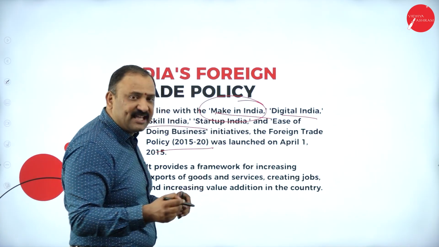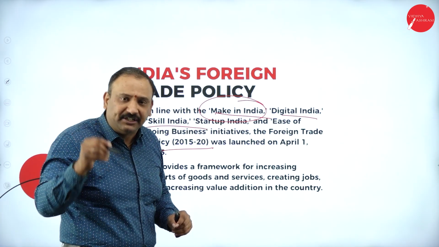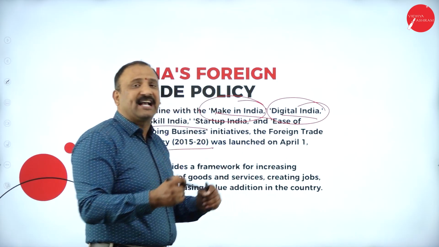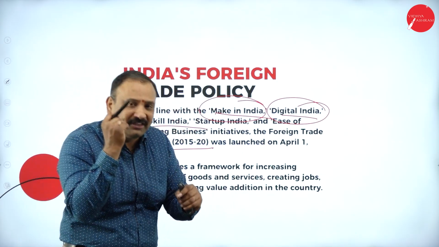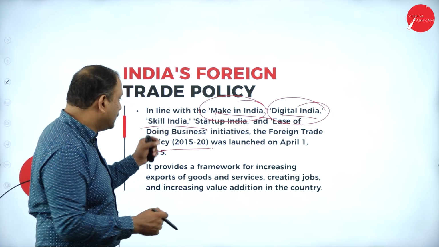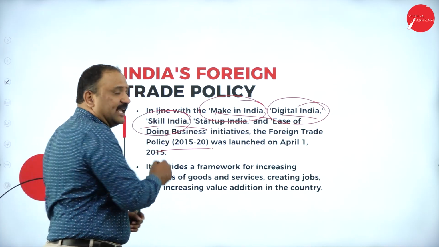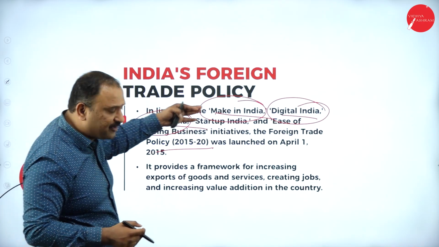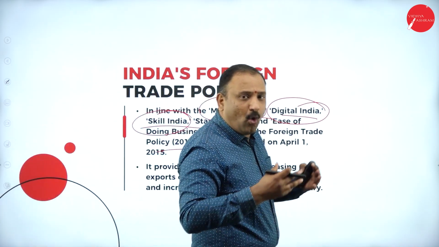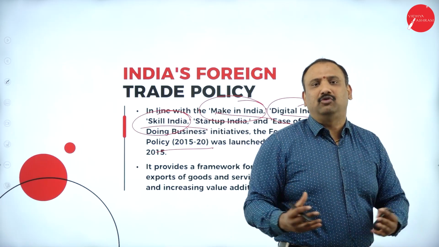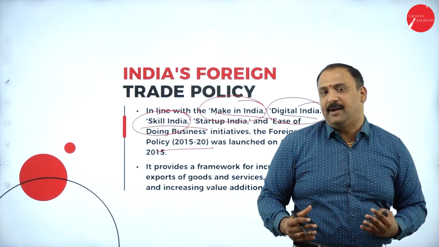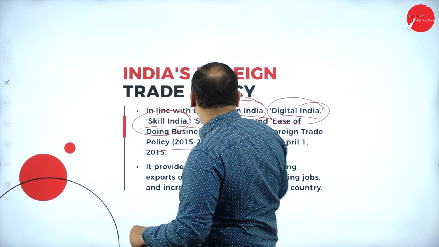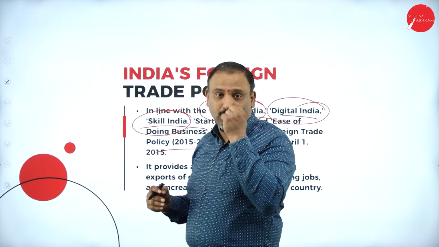The next thing is that we went on a digital mode, digitalizing the entire country with access to technology, use of the best technology, followed by we started skilling our own Indians, so that you are capable enough, and then we gave that open ground, the platform for many startups to come up so that we can increase our production capacity, followed by the ease of doing business.